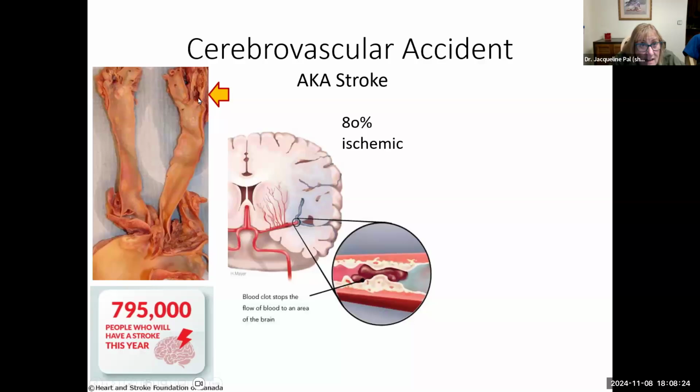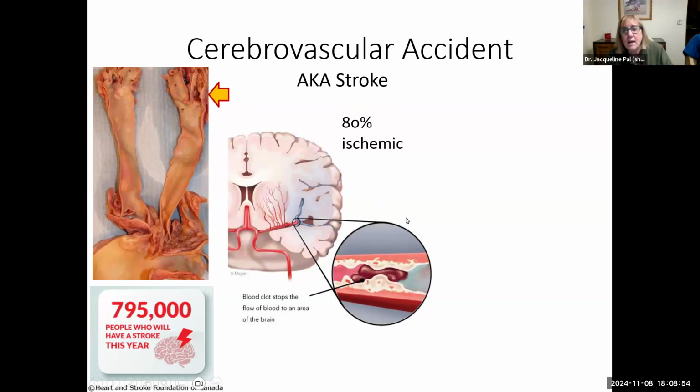And right here, you can see the blood clot, blocking out the blood supply to it. So that's going to be a massive stroke, as opposed to this picture here, which is just going to be going to this area of the brain.